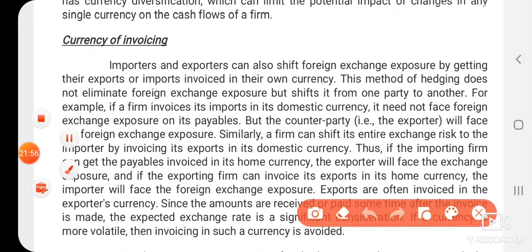The next type of operational technique, my dear student friends, is currency of invoicing. Here importers and exporters can shift foreign currency risk by getting their exports and imports invoiced in their own currency. Why? We can see what they are doing. They are shifting the foreign exchange risk by getting their exports or imports invoiced in their own currency.